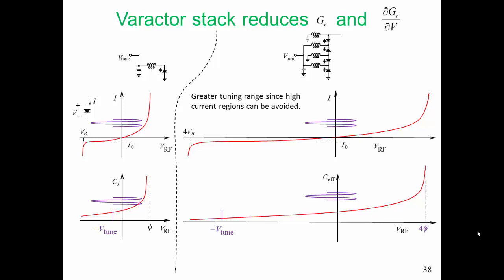The Varactor stack also reduces GR and the derivative of GR with respect to voltage, that is variation of the resonator conductance with respect to amplitude.